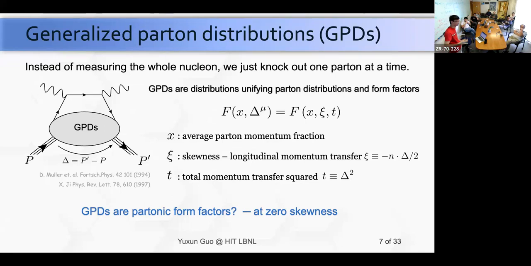If you have a collision and afterwards your momentum becomes x minus ξ, then you change its sign. That completely messes up the interpretation of GPDs as partonic form factors. But you can do that at zero skewness, that is, when the momentum transfer is completely in the transverse direction and the skewness is zero. In that case, you can simply interpret them as partonic form factors. And actually, there's some benefit of doing that.